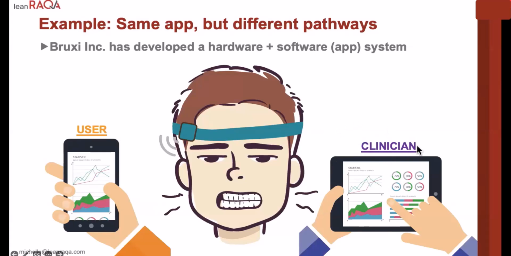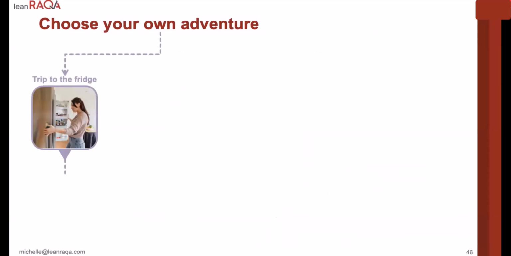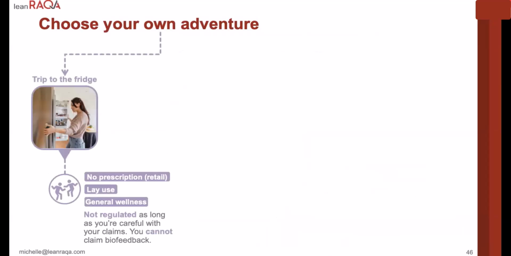But then they have an app for the clinician that the clinician can use to monitor and potentially diagnose the bruxism condition. So this can be a little like choose your own adventure. This could range from anything like a trip to the fridge.